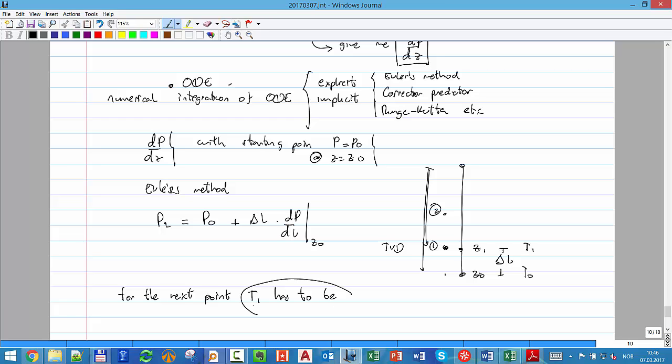For the next point, one needs to have temperature 2 or temperature 1 beforehand. Okay, maybe you assume just a linear relationship. That's what we will do now in the exercise, 70 to, for example, 60 degrees. Okay, and you calculate the temperature of each point in the pipe.